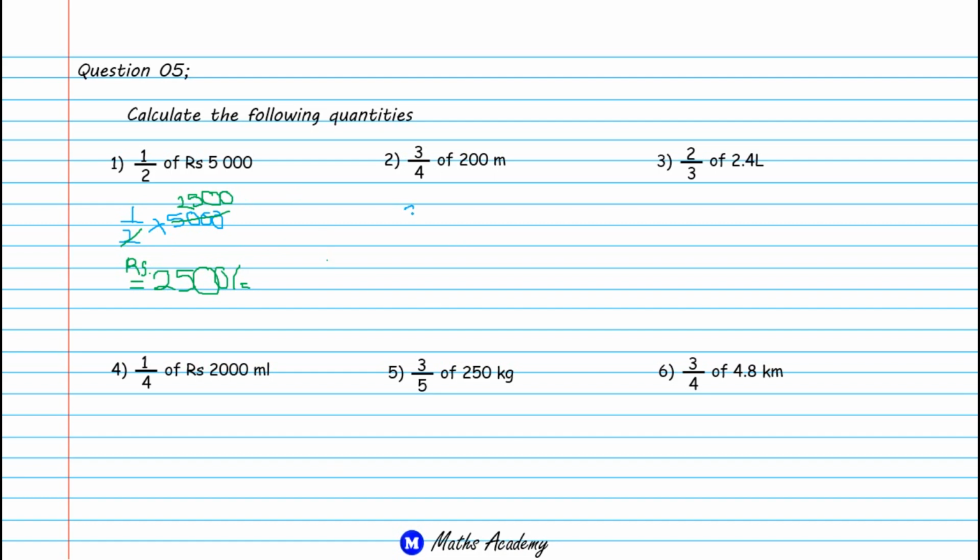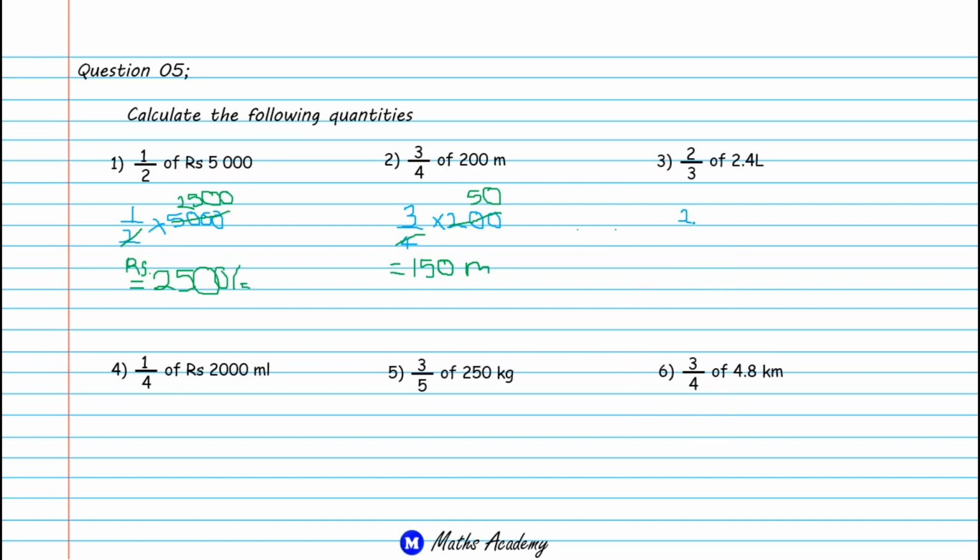The next question is 3 over 4 multiplied by 200. You can cancel this with this, you get 50. So 3 multiplied by 50 gives you 150 meters. So 3 over 4 of 200 meters gives you 150 meters.